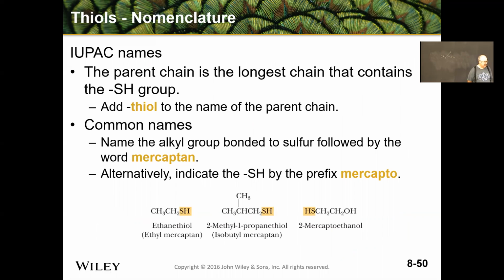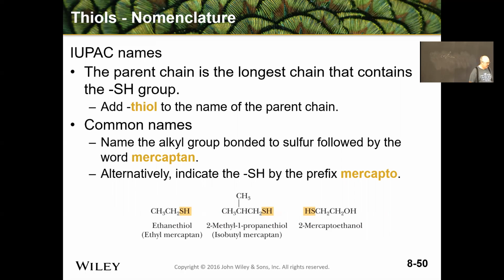So let's look at naming thiols. The parent chain is the longest chain that contains the thiol group if the thiol is the dominant functional group. The suffix for thiol, of course, is thiol. Common names aren't used so much in the literature anymore, but they are used somewhat in the oil and gas industry.